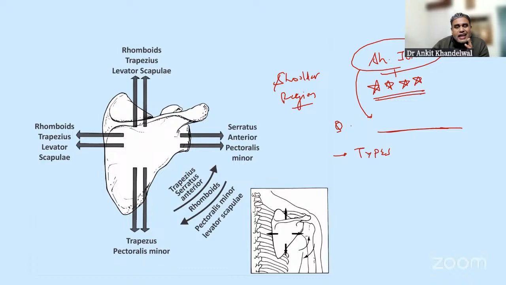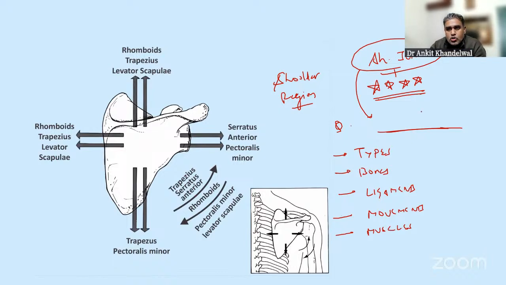For example, which type of joint it is, what are the bones involved in it, what are the various ligaments found in the joint, what are the various movements of the joint, what are the various muscles involved in movement. This I'm telling you from the perspective of any joint. And this shoulder joint is the most commonly asked joint in upper limb because it is the largest joint in upper limb, the most mobile joint in upper limb, ball and socket variety.